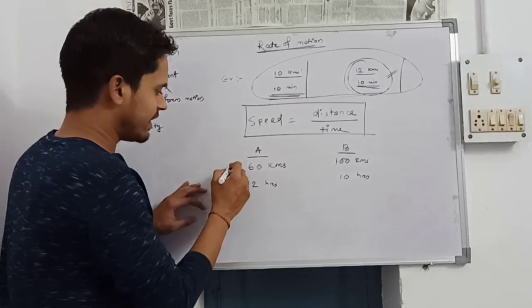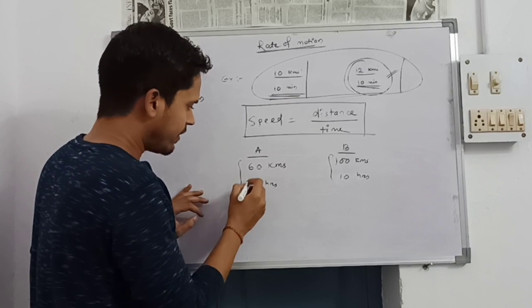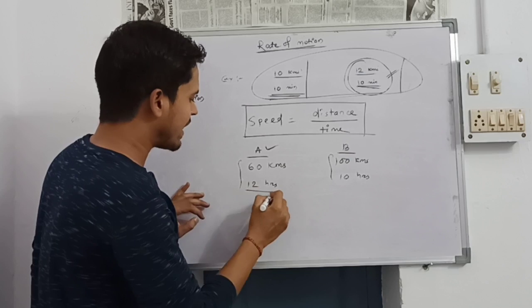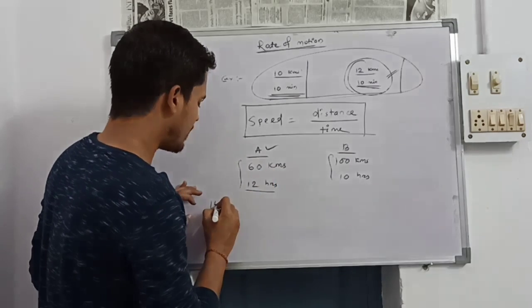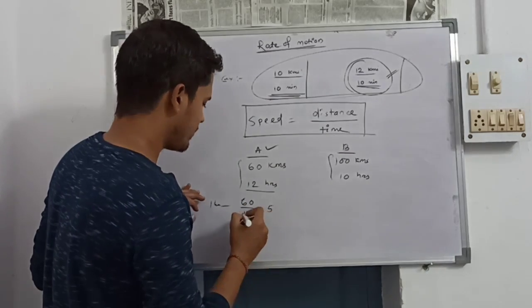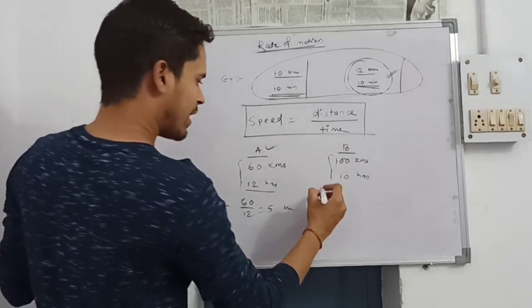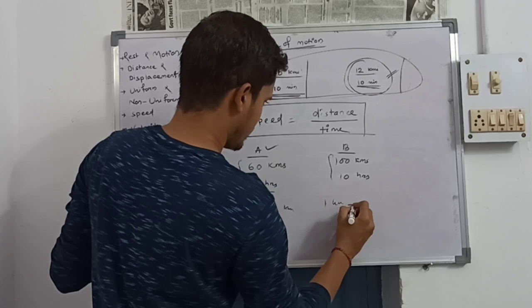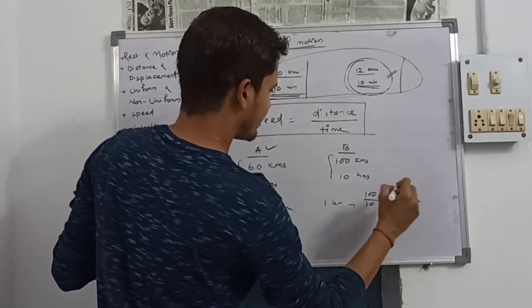To find this, first we will find how much distance person A is covering in 1 hour. In 12 hours covering 60, so in 1 hour it is covering 60 by 12 equal to 5 kilometers. In 1 hour person B is covering 100 by 10, which is 10 kilometers.